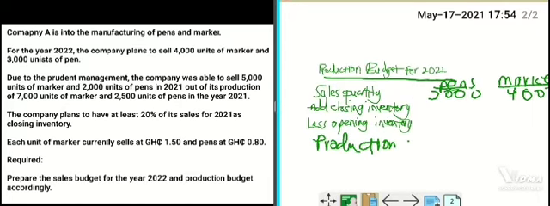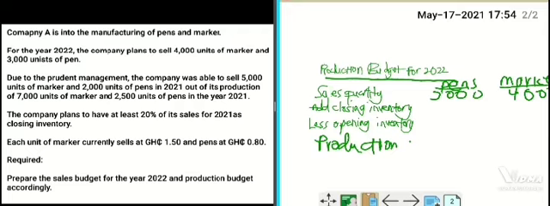We now add our closing inventory. I think the fourth sentence says that the company plans to have at least 20% of its sales for 2021 as closing inventory. In order to get our sales for 2021, we have to look at the third sentence. That's as due to the prudent management, the company was able to sell 5,000 units of marker and 2,000 units of pens in 2021.